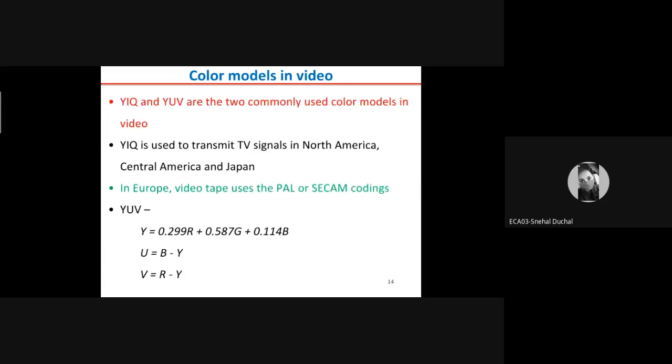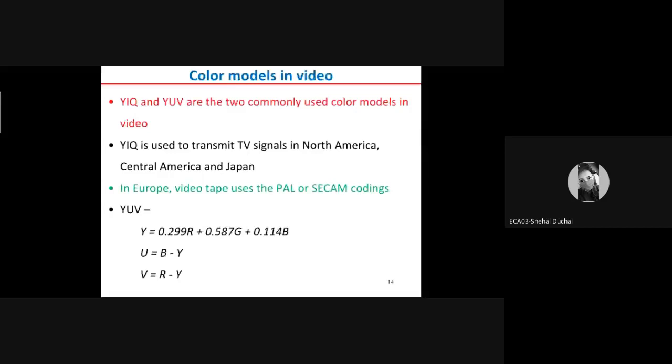If we have to change one model into another model, as in our first unit we changed the RGB model into the HSI model or into the CMYK model, similarly here we can consider the conversion of an RGB to YUV model.